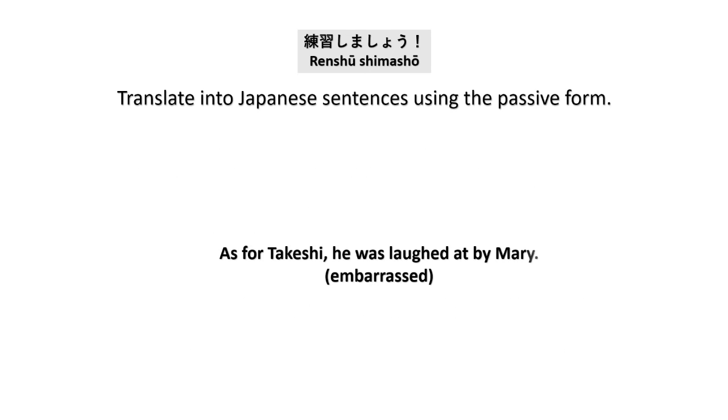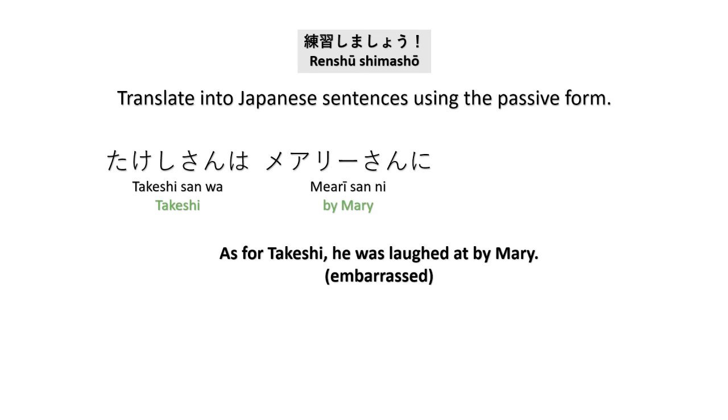Alright, next sentence. As for Takeshi, he was laughed at by Mary. Takeshi-san wa Mary-san ni warawaremashita. So, as for Takeshi, he was laughed at by Mary. So this is the English translation of this Japanese sentence.